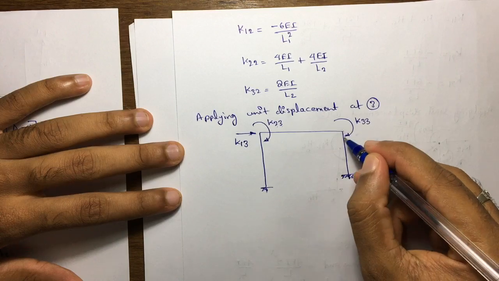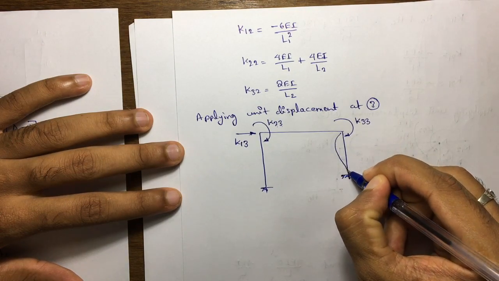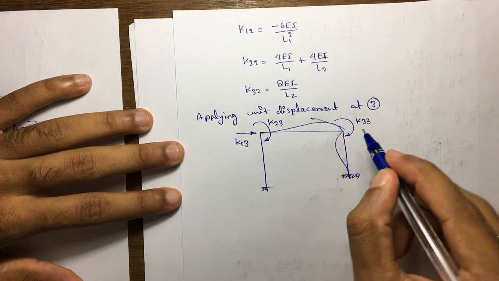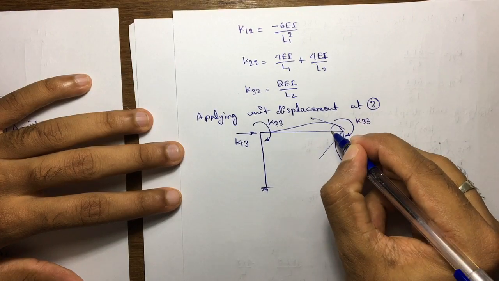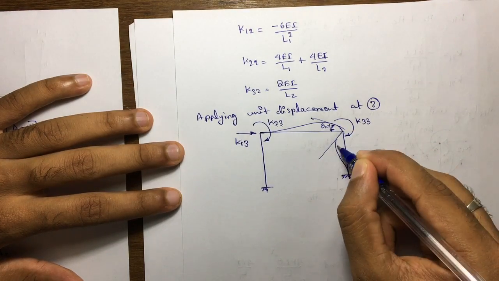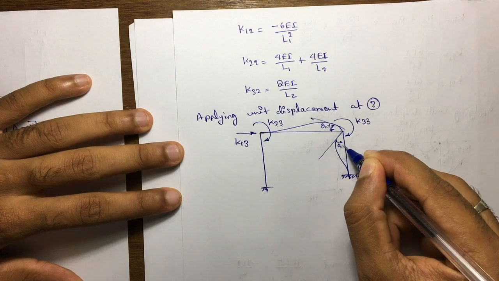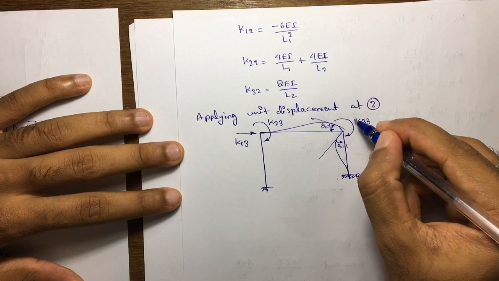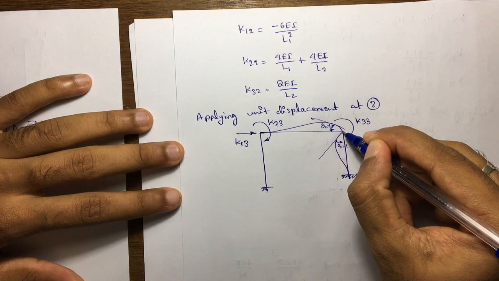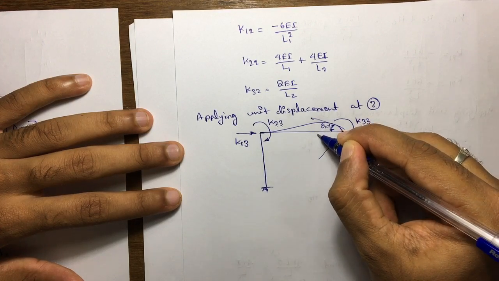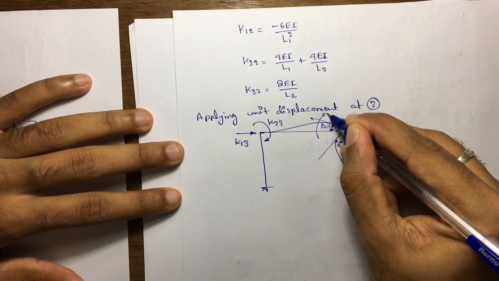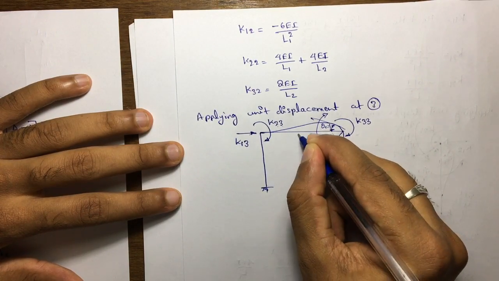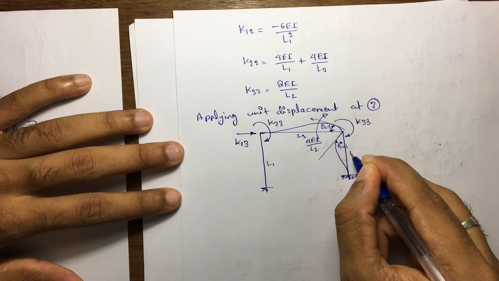If I apply unit displacement here, this is going to rotate in this way. If I draw the slope, it will be like this. So that is nothing but theta C is equal to 1. Wherever you are providing the unit displacement or unit rotation, at that point the moment will be 4EI divided by L2, because this length is L2, with L1 and L3.